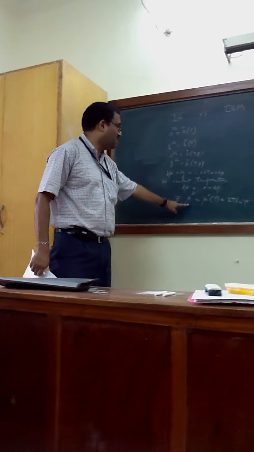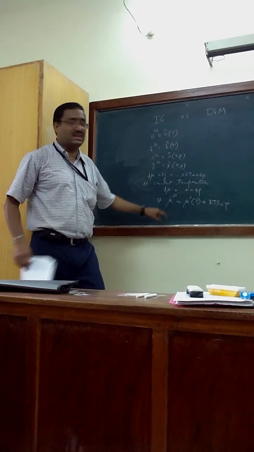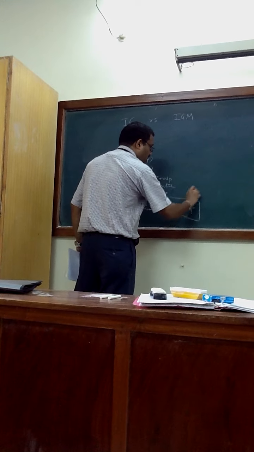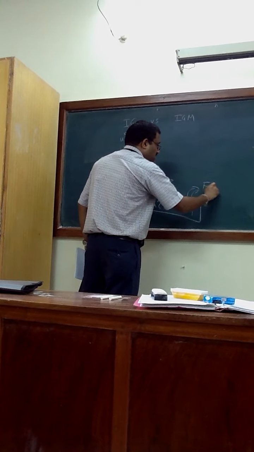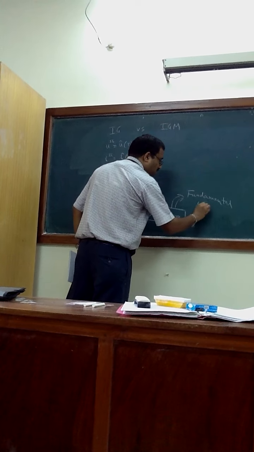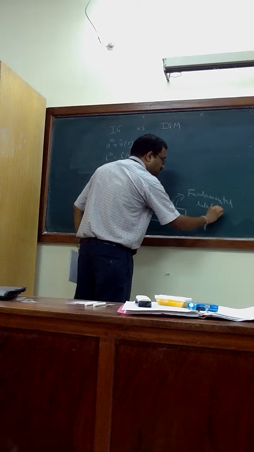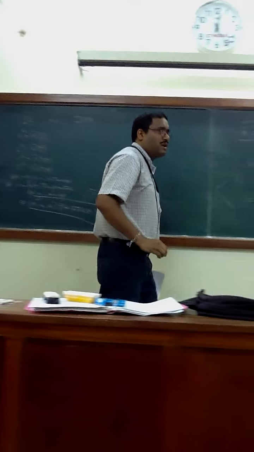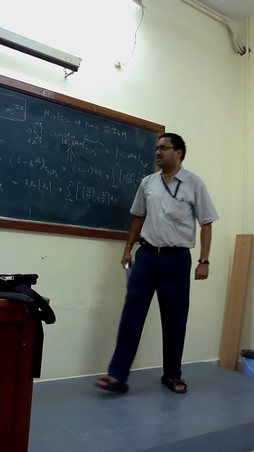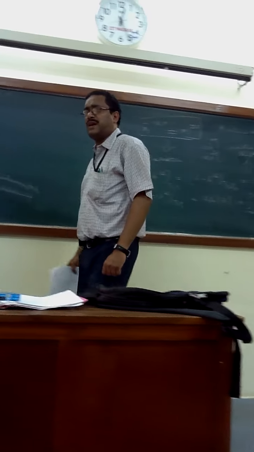So this is valid for the ideal gas, and this is called a fundamental relationship. Okay. So μ ig equals μ0(T) plus RT ln P. You might have seen this expression already.